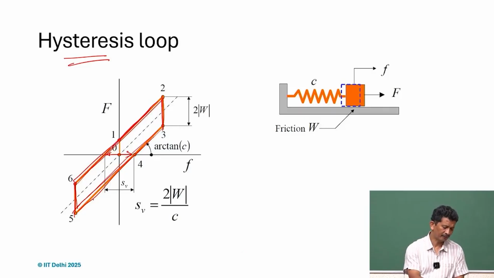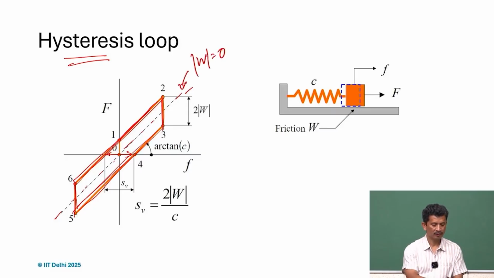What is this dotted line? If W is 0, that is the dotted line.